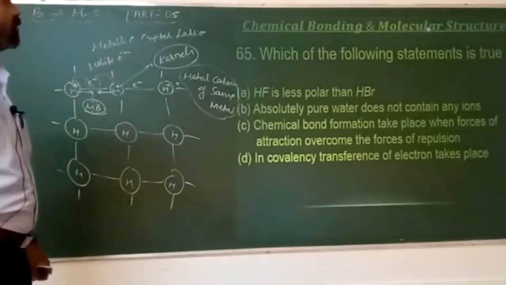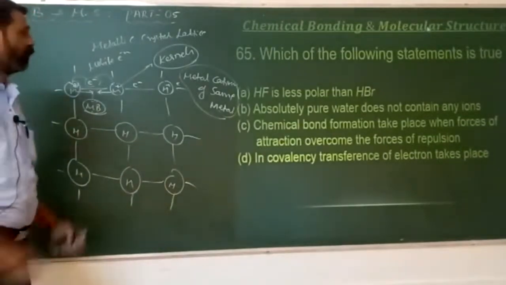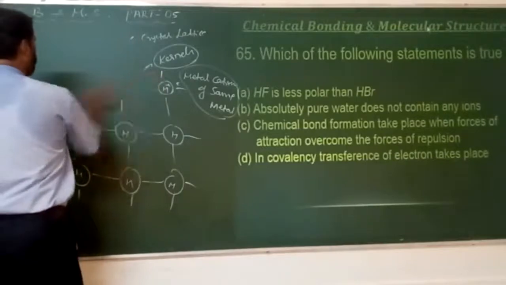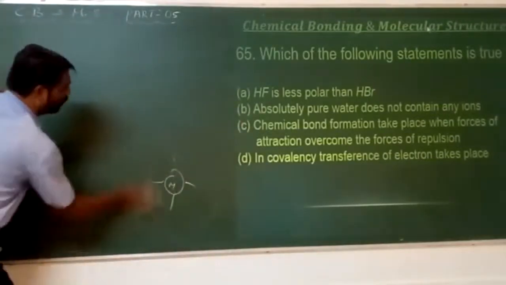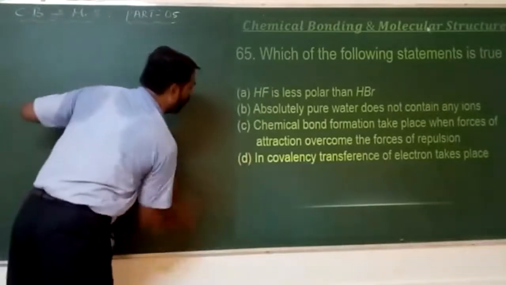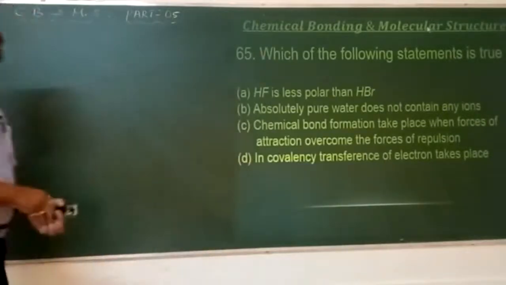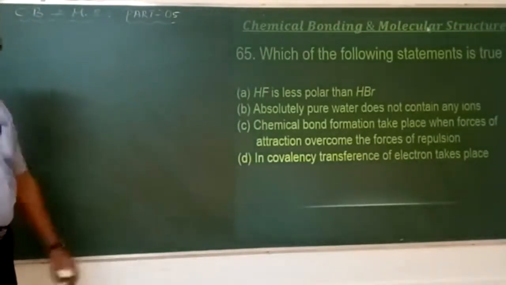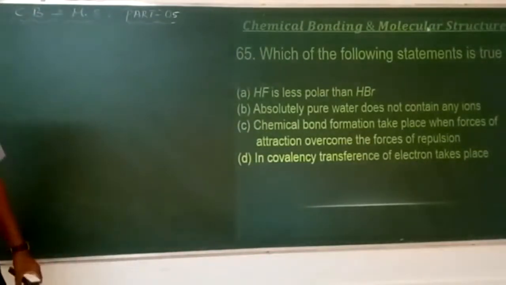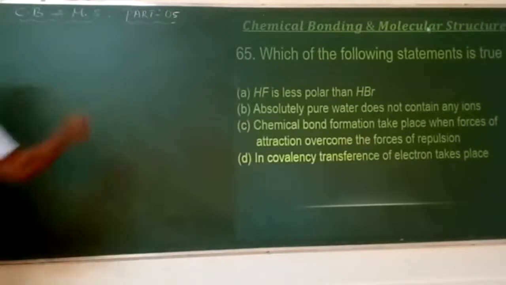Which of the following statements is found to be true? It's the true statement regarding that. HF is less polar than HBr. Absolutely pure water doesn't contain any ions. Chemical bond formation takes place when the attractive force overcomes the repulsive force. In covalency, there is a transfer of electrons.